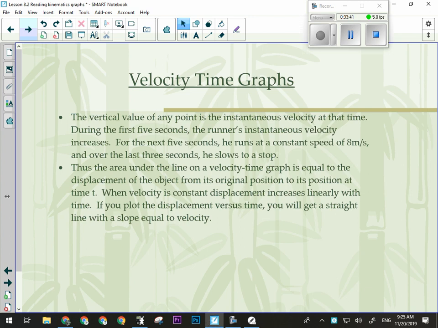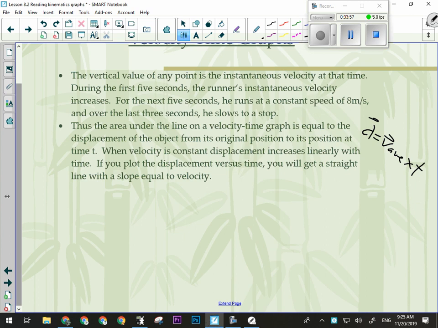That can be calculated using the area under the line because what we're really doing is multiplying the average velocity times time when we do that. So you have a couple of graph examples there, but I'll just kind of redraw it here.